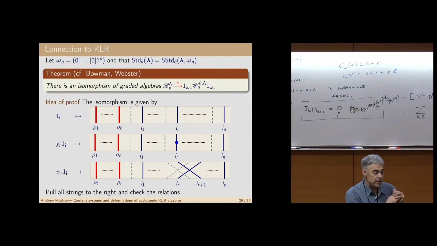Because in the example I showed, once you've fixed a particular value of the content somewhere, that then forces the other values. So the content functions, I think there's probably always two choices. But you have to be clever in some sense in choosing the right choice of queues, or the right deformation of those. Because if you choose the wrong ones, then you get nothing from this. So there are definitely choices involved.